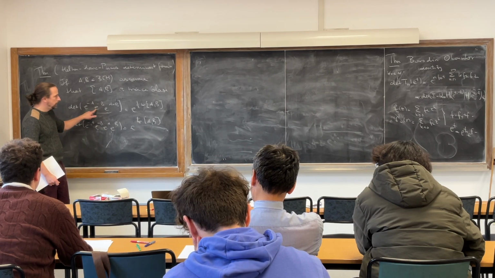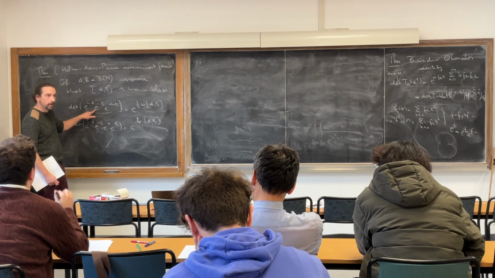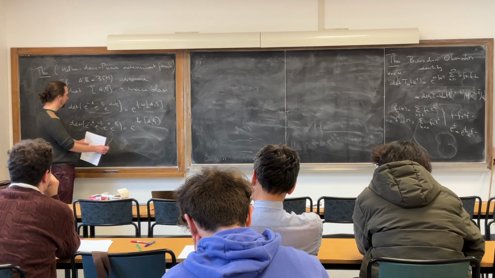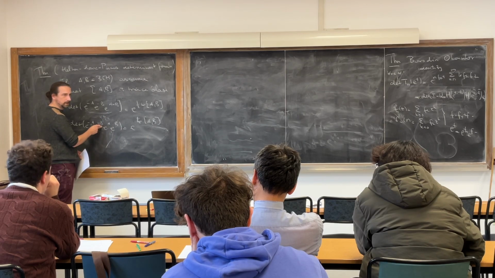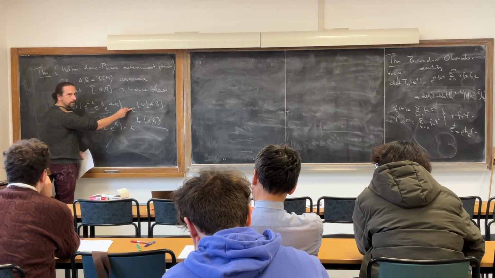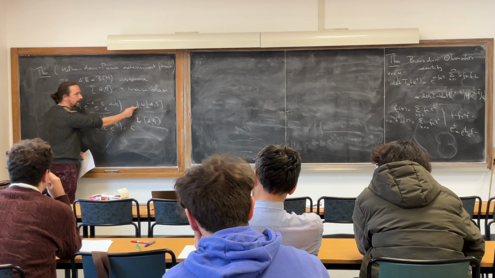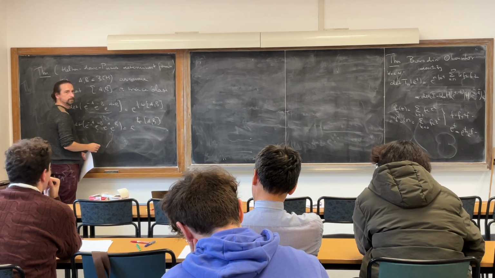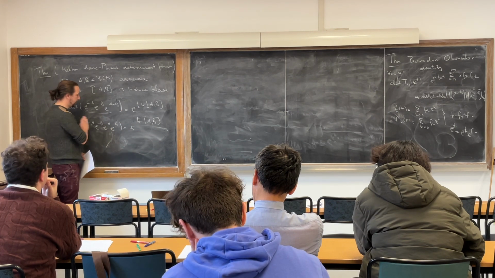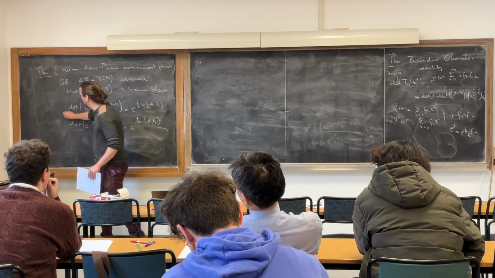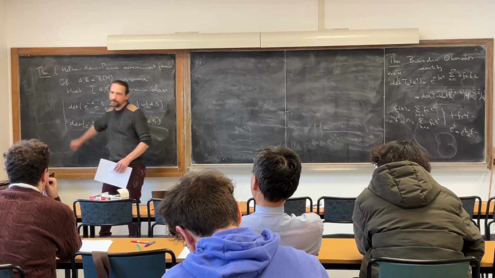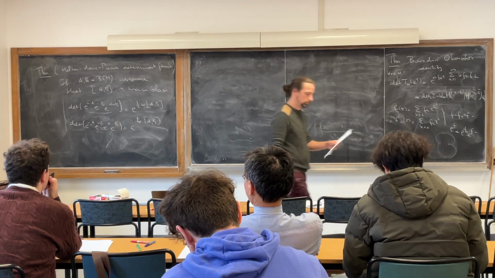This is just a corollary of this one, because I can insert here an e to the a plus b and an e to the minus a plus b, and then I have a product of two terms, which give me both the same exponential, and then this half just gets doubled. That's a nice little trick. And this is actually the more classical one. Actually, this is the more general one, but the other one is the more classical one.